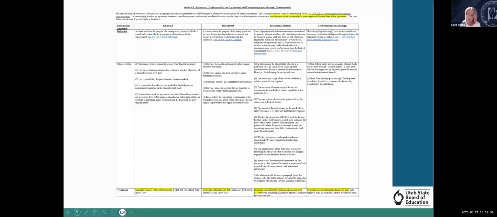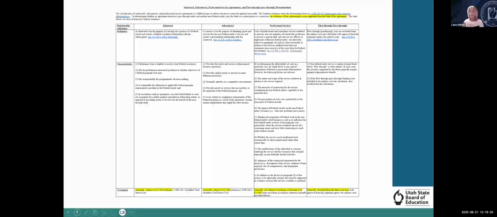So I wanted to talk a little bit about the contract piece. This is a rubric that we got from the feds to help us classify our contracts. When we think about the contracts that we're going to enter into the UPEF's contracts tool, these are only contracts for direct costs.